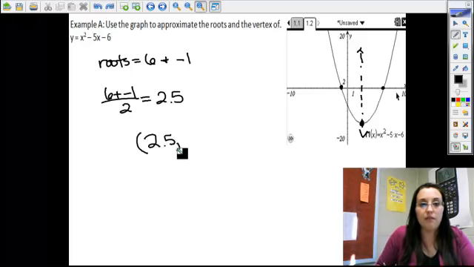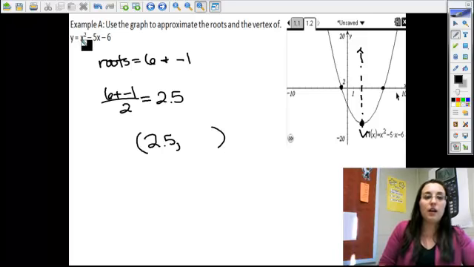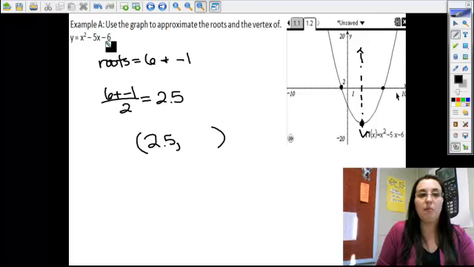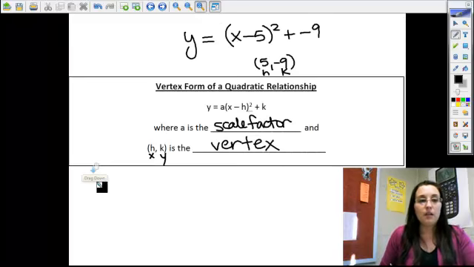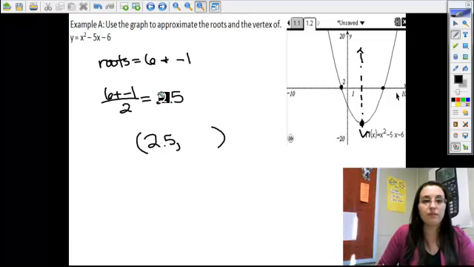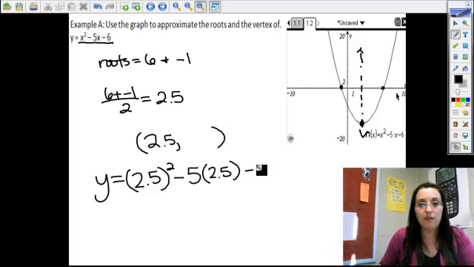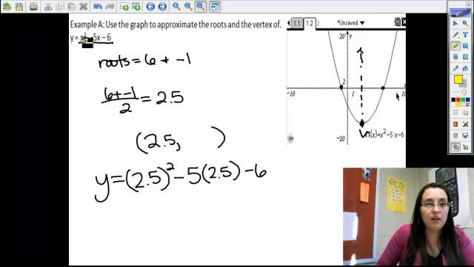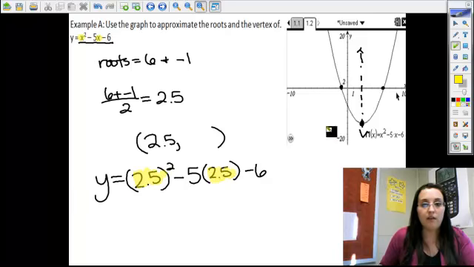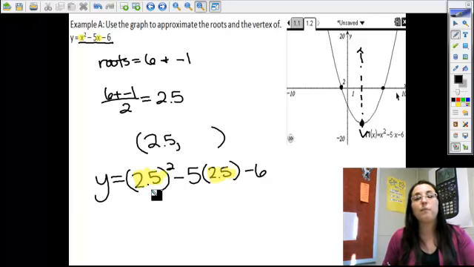I want to find the y value. So this is what I was talking about. We're going to use our equation to go back up and find our y. We know that we get y by taking this function right here. So we're going to take x, 2.5 squared minus 5 times 2.5 minus 6. Basically, anywhere there was an x in our original equation, I'm replacing it with 2.5 to find the y value at x equals 2.5. Okay?